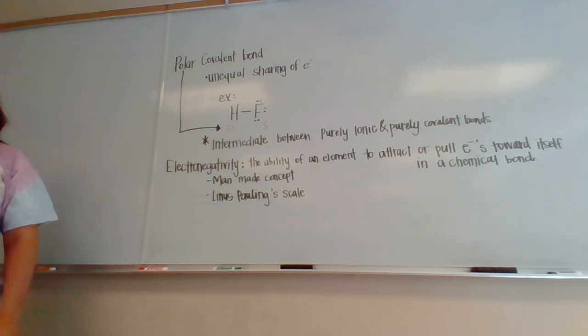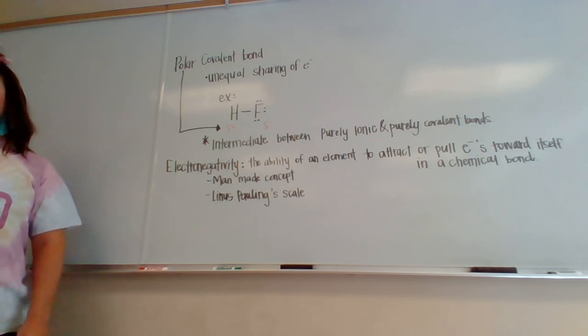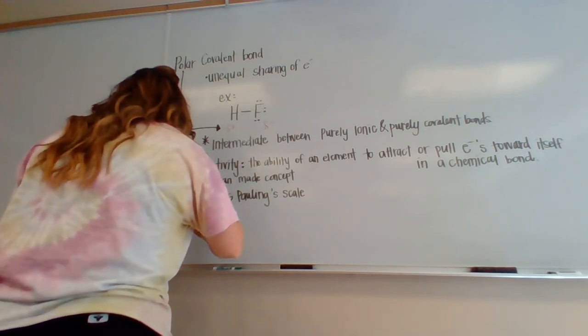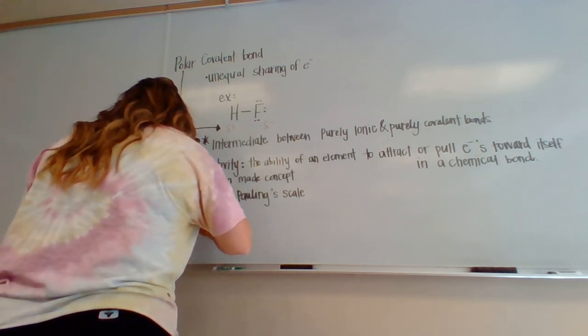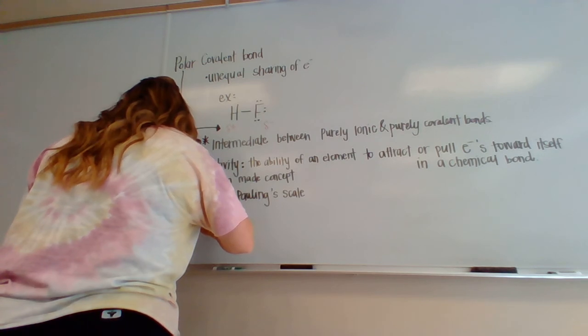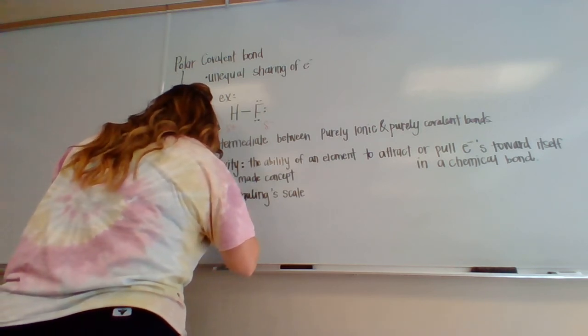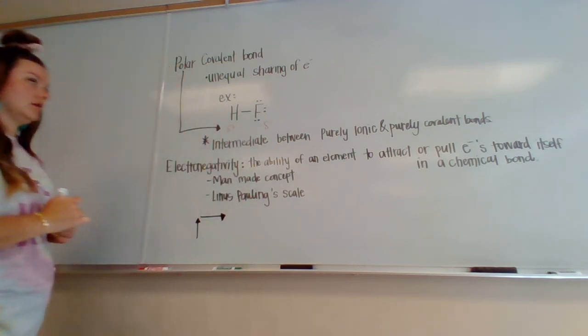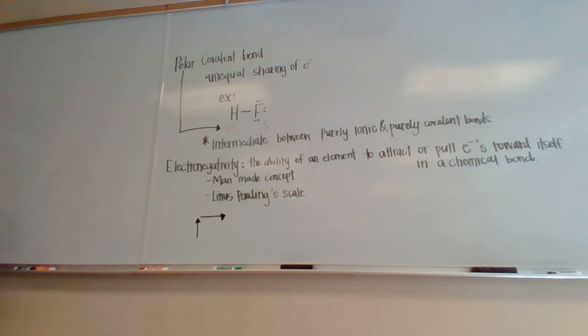So fluorine has the highest electronegativity. Does the trend go with atomic radius? Yes, it does. But if you remember, fluorine is furthest to the right and highest up, so that's the way the trend follows.